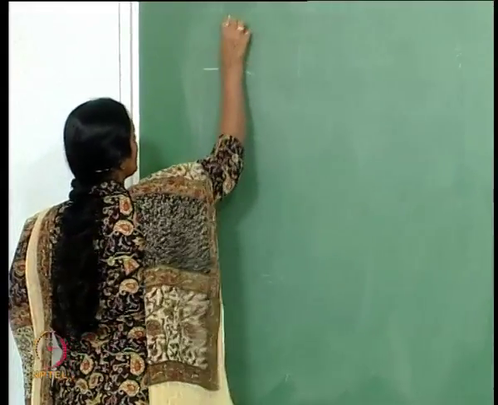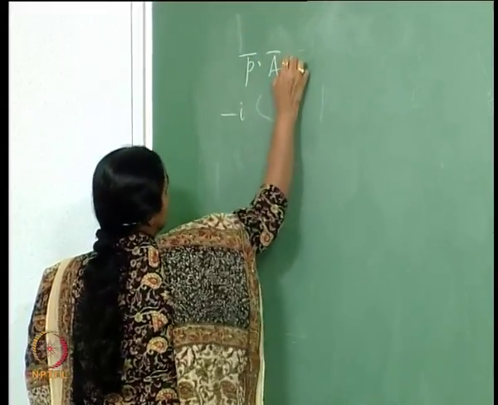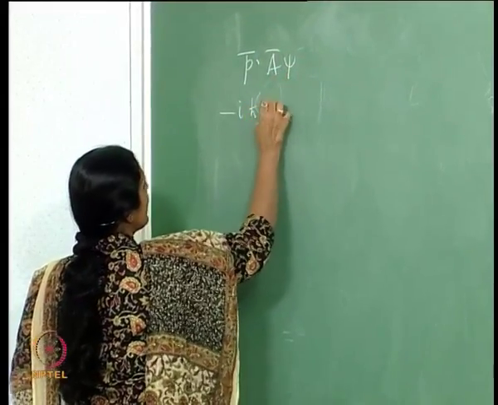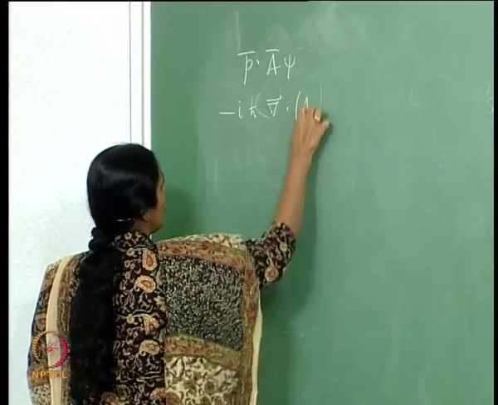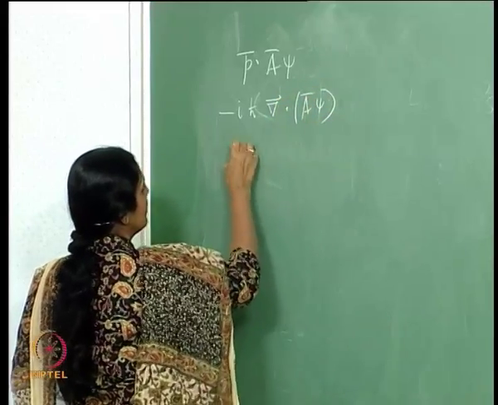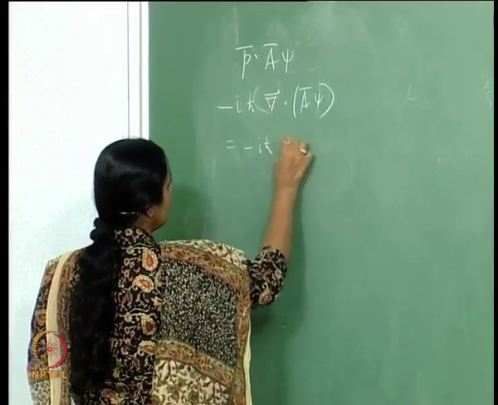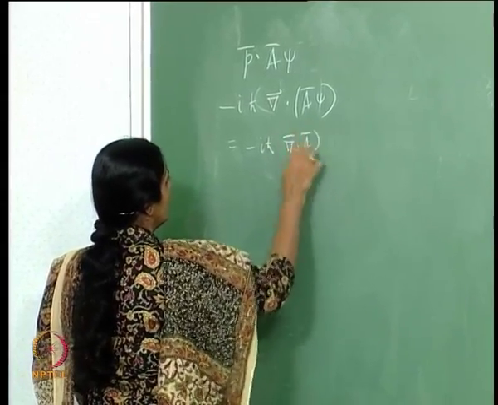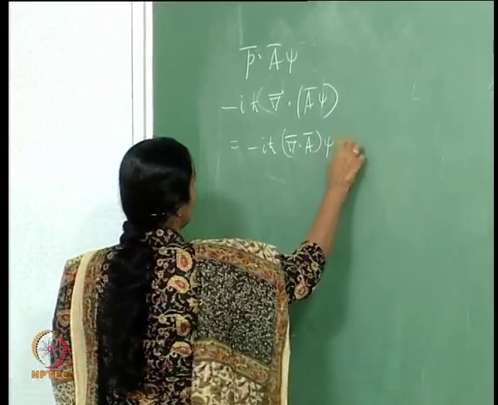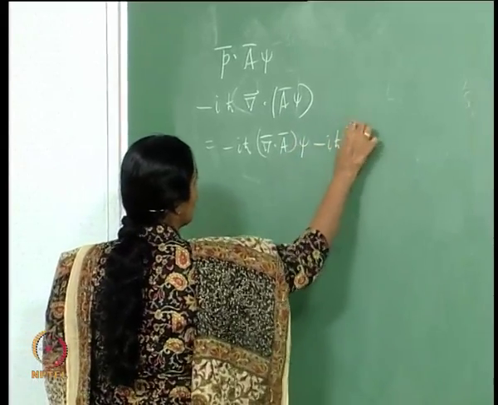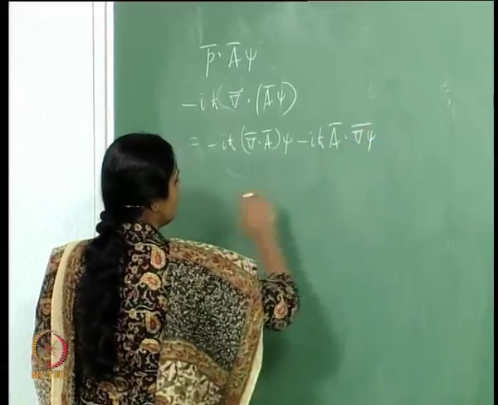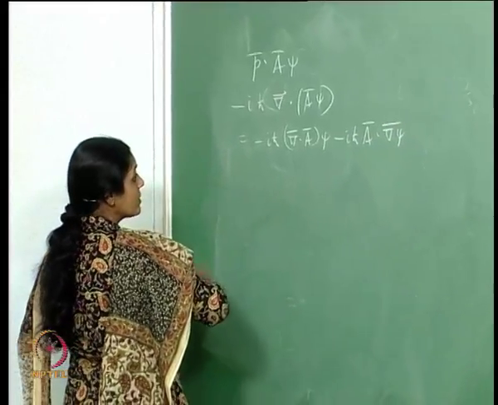That is minus i h cross, say p dot A psi is minus i h cross del dot A psi, and that is minus i h cross del dot A psi minus i h cross A dot grad psi. That is what I get.